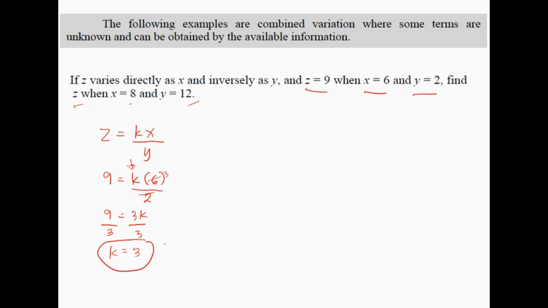Okay? Now, after that, let us use this equation to solve for z. So, therefore, z equals 3 times x is 8 over 12. So, z equals, simplify first so it is faster. So, this is 2. This is 3.